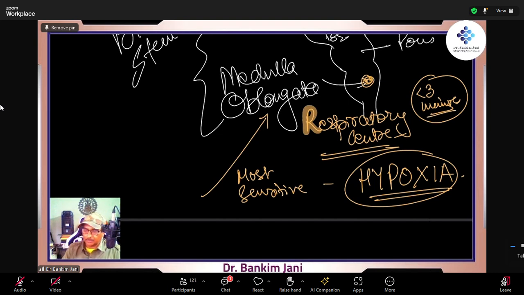For your patient, there are less than 3 minutes. After 3 minutes, even if the patient survives, the patient will be on a ventilator. Yes, the chest will be moving up and down, but the moment you stop the ventilator, gone.